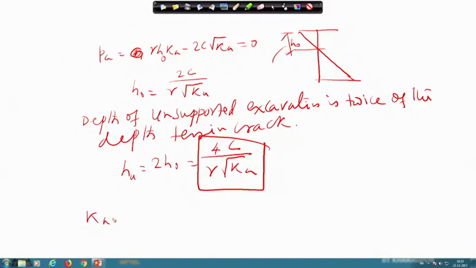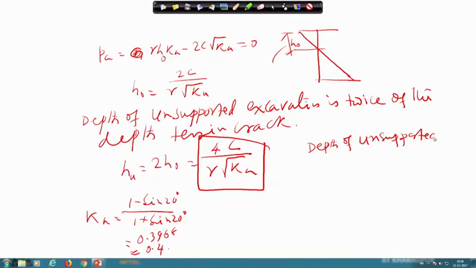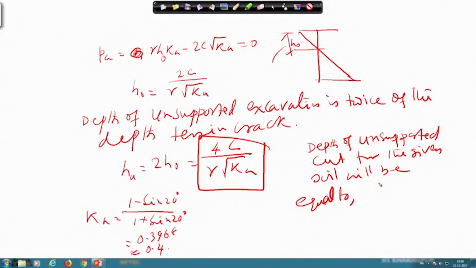Now, Ka can be calculated from here. Ka is 1 minus sin 20 degrees by 1 plus sin 20 degrees, which gives the value 0.3968, approximately 0.4. So, the depth of unsupported cut for the given soil will be equal to 4 C, which is 4 times 30 divided by gamma, 18, times the square root of 0.4.